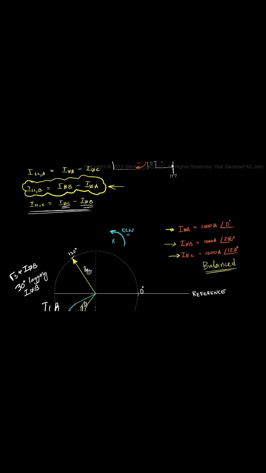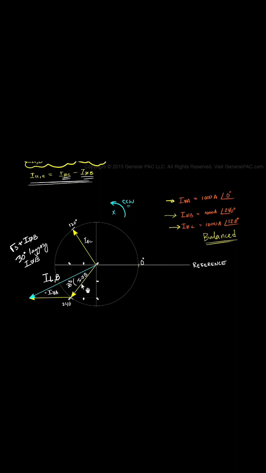So what we'll do is leave this line current B as it is. But we'll make a copy of phase B and put it here at the head of phase C current. We'll have to rotate it 180 degrees because it's negative, so it's right here.